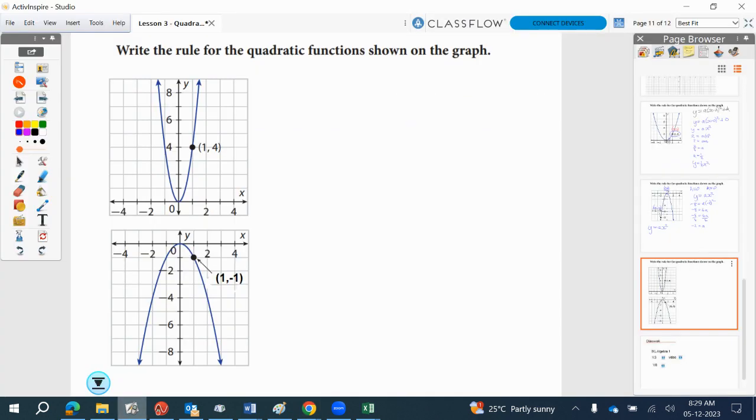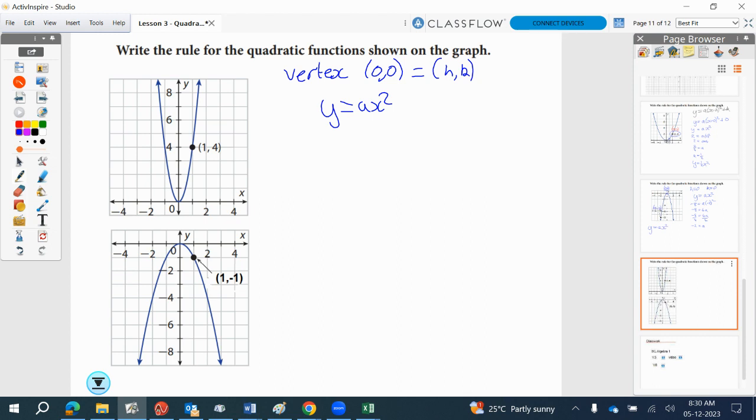All right, so in the first graph, what are the coordinates of the vertex? The vertex is at 0, 0. What are the values of h and k? 0, 0. So we get y equals ax squared again. Do we have a point?